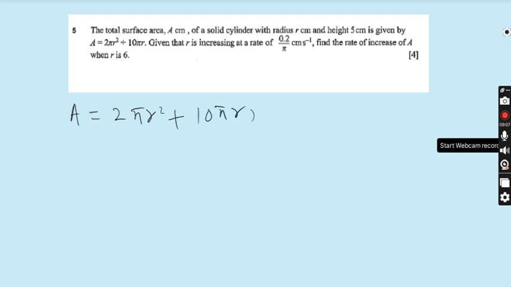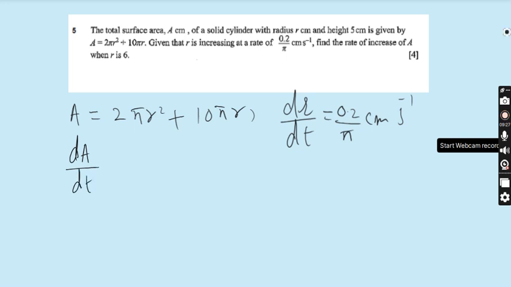Given that r is increasing at a rate of 0.2 upon pi, so rate means dr by dt, 0.2 upon pi centimeters per second. Find the rate of increase of A. So we have to find dA by dt, question mark.